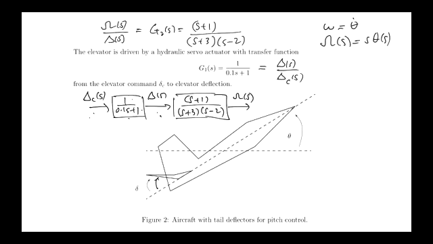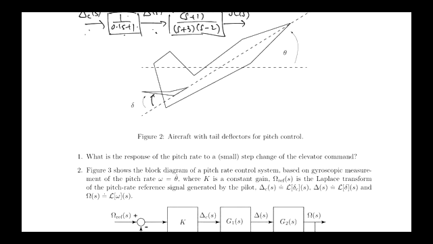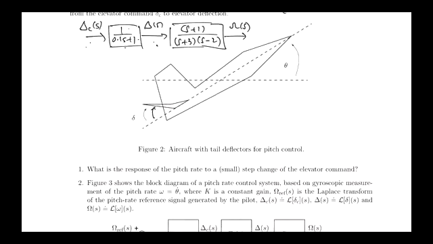Right, it's unstable because of this pole at s equals 2. All right. So, you know, if you put a step change into the elevator command input, right, this will blow up exponentially. Right, it won't reach a steady state value. Okay, so that's what question 1 is about.